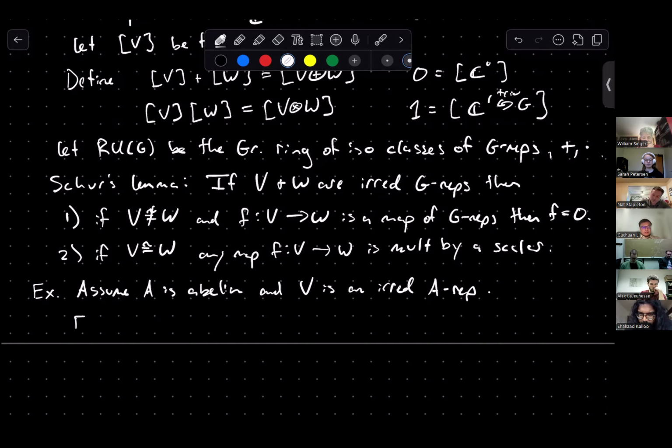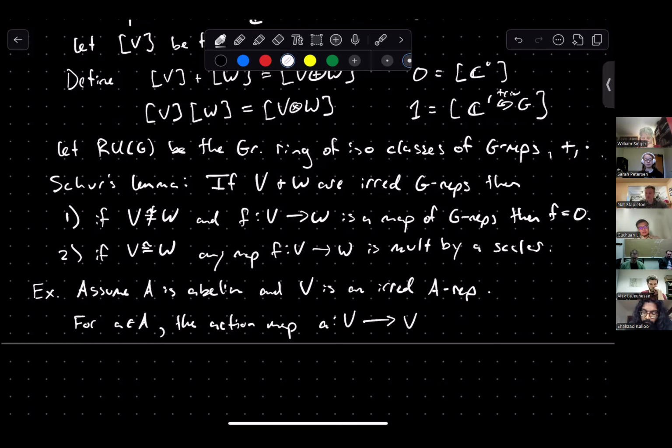Then for little a in A, we can consider the action map. So the way that little a acts on V gives us some linear map from V to V, but because A is abelian, this is a map of A representations.